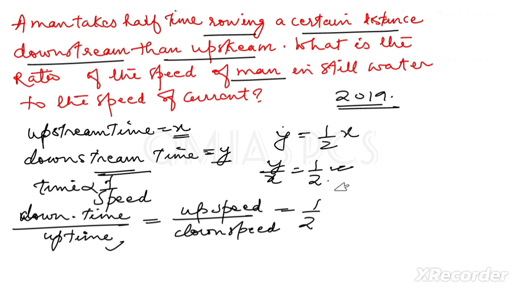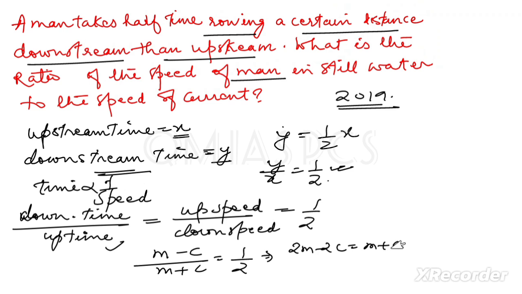Now what is upstream? Upstream speed will be m minus c, and here is m plus c, and that is 1 by 2. Now do cross multiplication: 2m minus 2c is equal to m plus c. Taking m to this side, it will be m, and c to this side, it will be 3c.